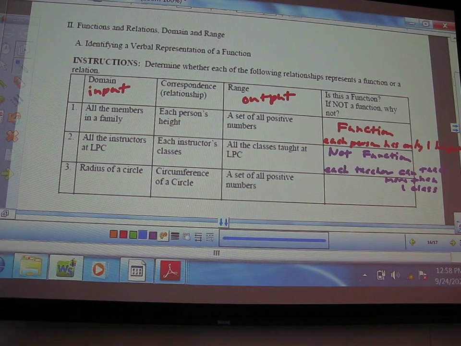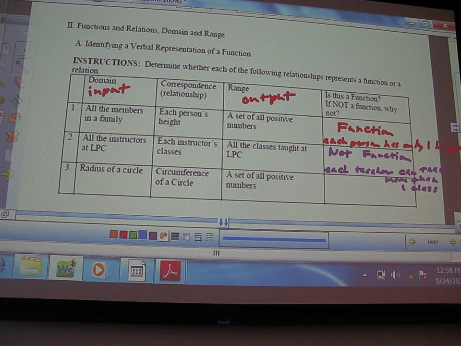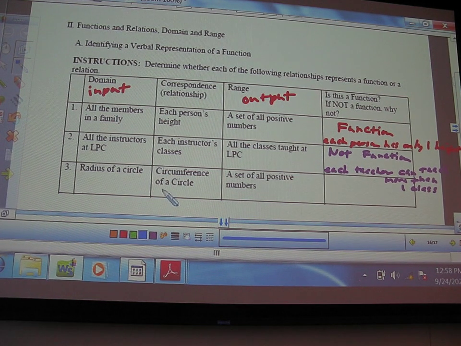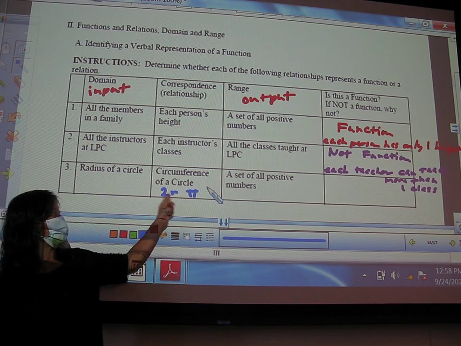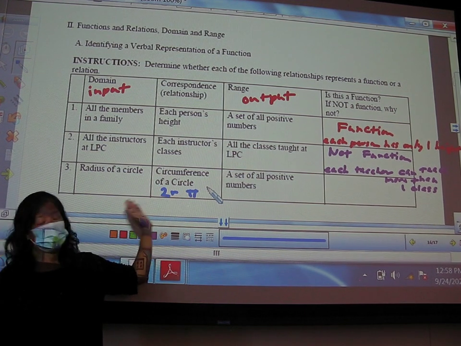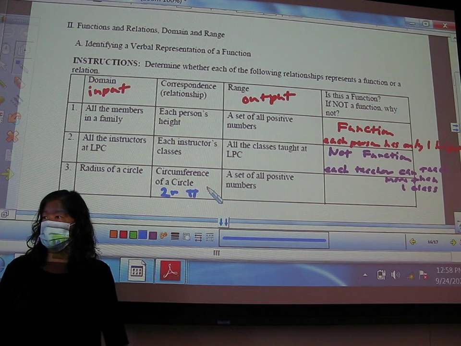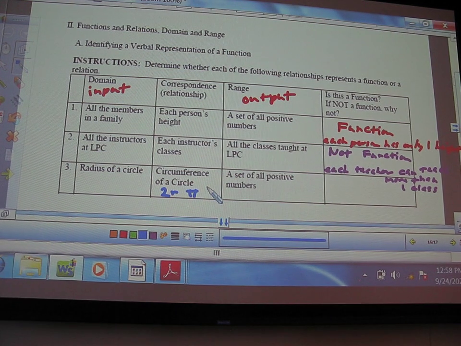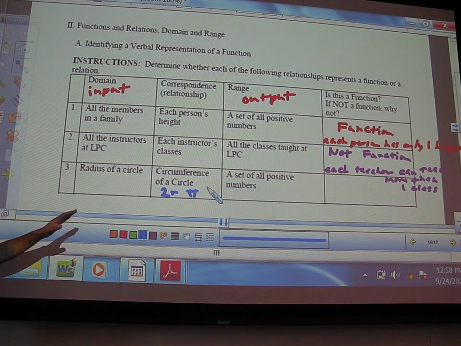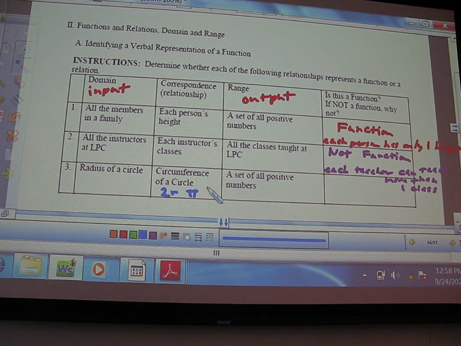The formula for the circumference of a circle is 2 times the radius times pi. So if I throw in a radius, r, this is a fixed number, that's a fixed number, I'm just going to multiply it, and I'm only going to get one answer. If you say, what's the circumference of a circle with a radius of 3, there's only one answer for that. It's not like it could be this or that. So is this a function or not a function? Function.